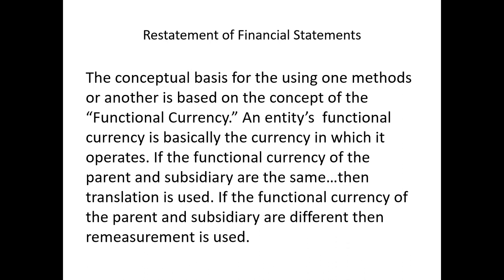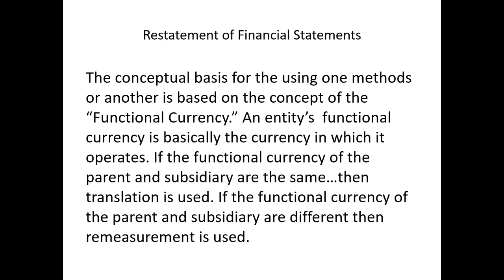So when you're a parent company, I'm going to stick with the United States, and you've got a foreign subsidiary, you've got to ask yourself, we're going to assume that the parent's reporting currency and functional currency, one is reporting, the other is the currency that the parent operates in, is the US dollar in both cases.